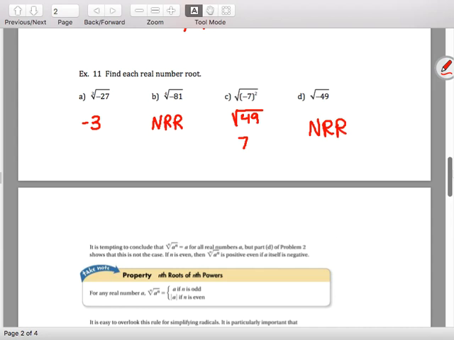When you're ready, check it at the board. Letter A is negative 3. B is not a real root because I have an even root and it's simplified with a negative underneath. Letter C is possible because negative 7 squared is positive 49, so that's 7. Letter D is not a real root.